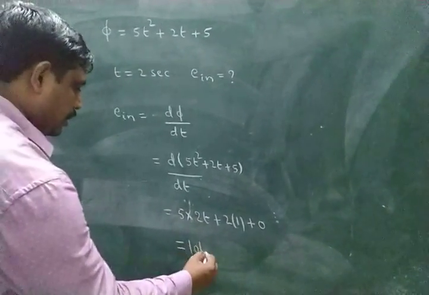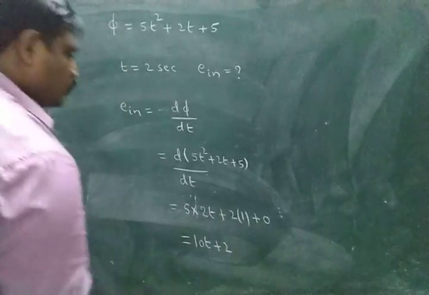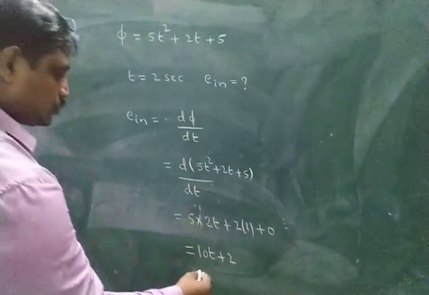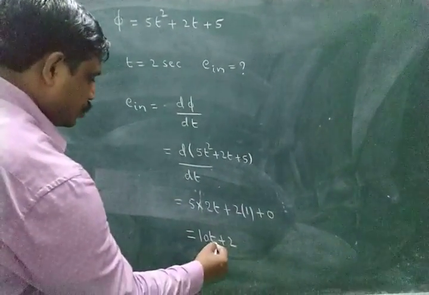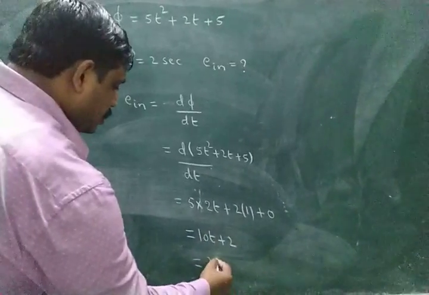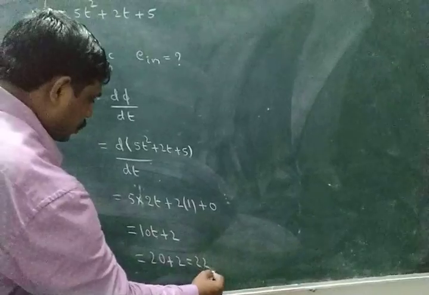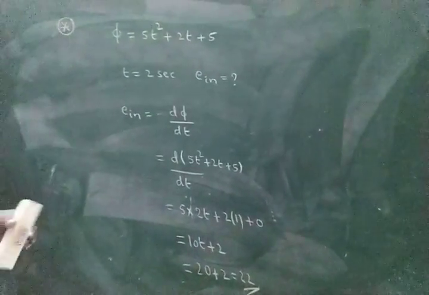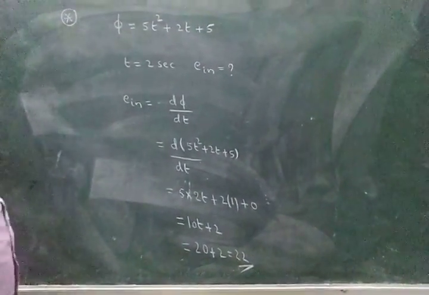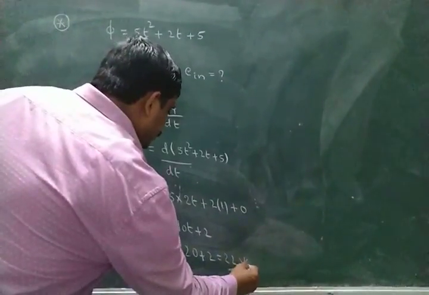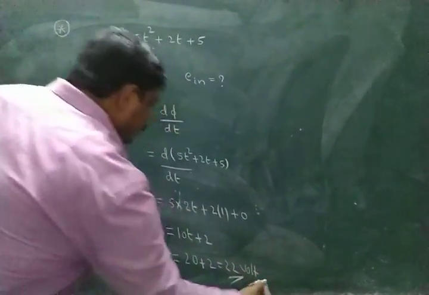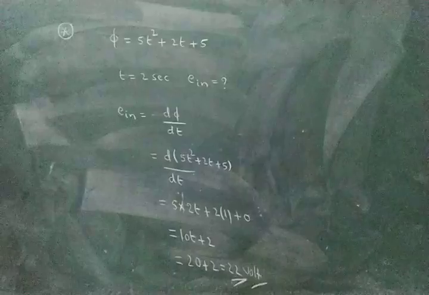Simply 10t plus 2. Time is given as 2 seconds. Substitute 2 seconds: 10 into 2, 20 plus 2, 22. This is the induced EMF. EMF unit is nothing but the potential unit. The potential unit is volt.